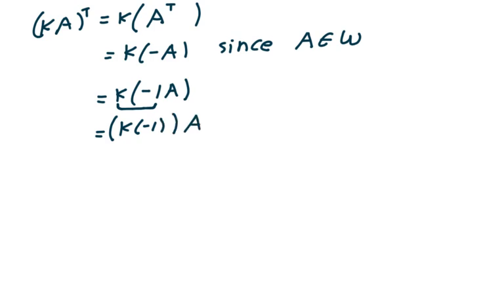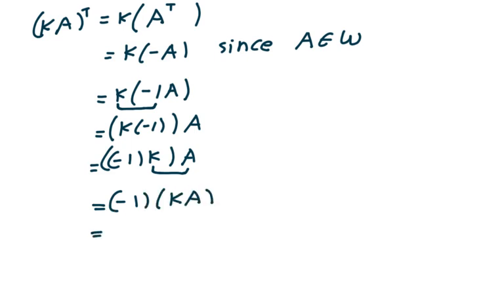Those are the properties of matrix arithmetic. But doesn't this equal negative 1K times A? And can I shift the parentheses over to the KA? So this is negative 1 times KA, which is equal to the opposite of KA. And so, therefore, the transpose of KA is equal to the opposite of KA.